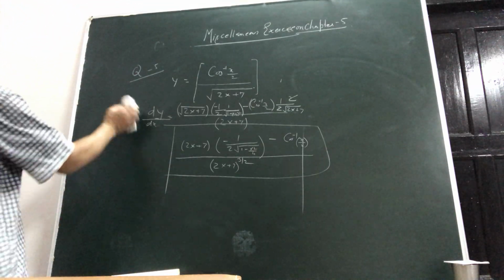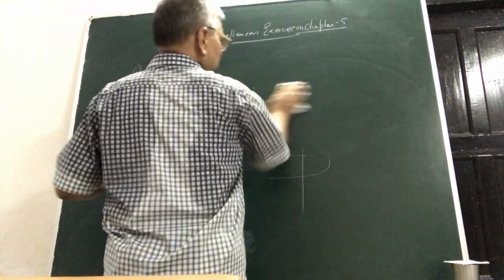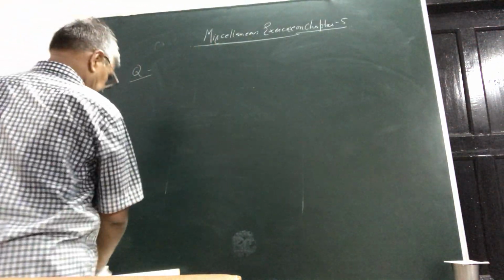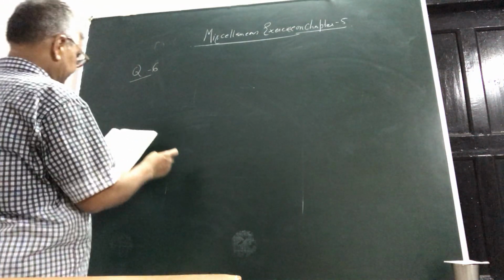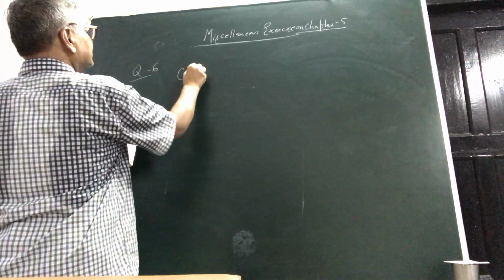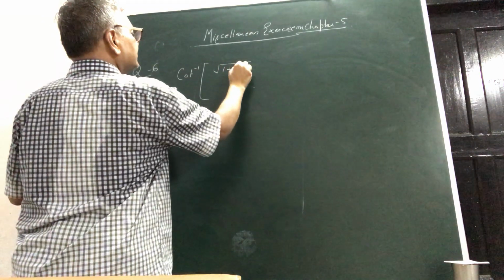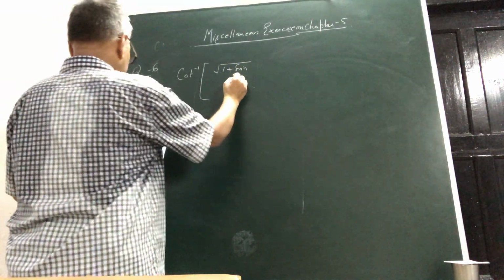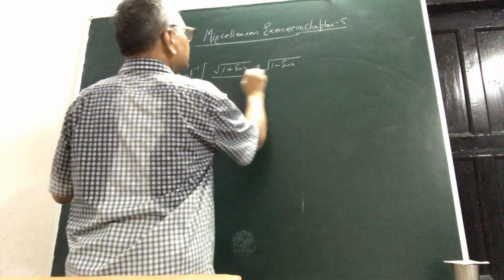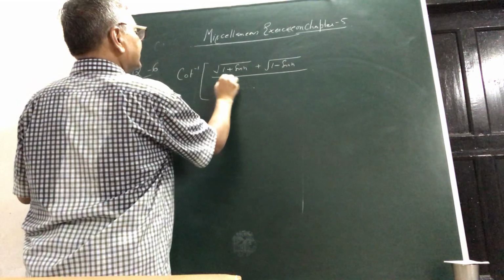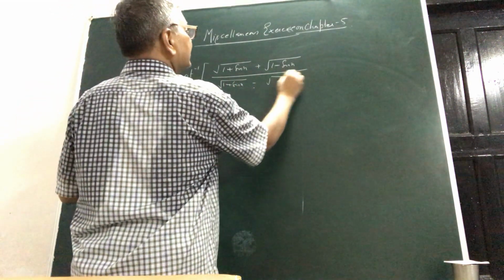Then now let us take question number 6 here. Okay, it is cot inverse of under root 1 plus sin x plus under root 1 minus sin x upon under root 1 plus sin x minus under root 1 minus sin x.